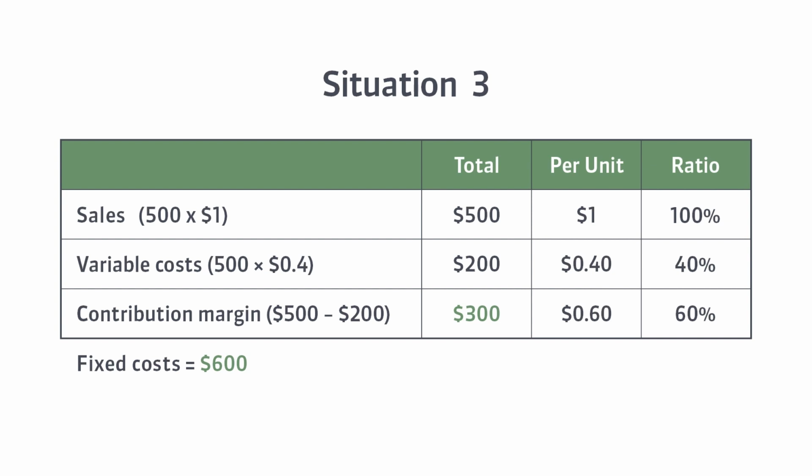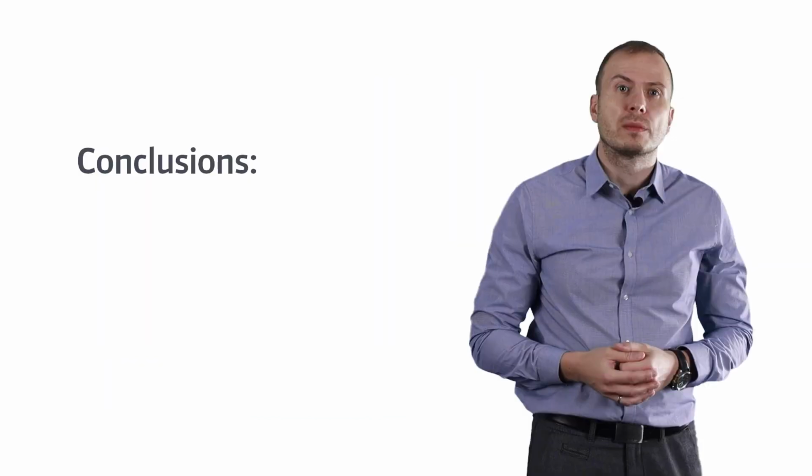This time, the total value of the contribution margin is less than the value of the fixed costs. It doesn't sound good because the contribution margin will not even cover the fixed costs, not to mention the fact that we would like some money left over.